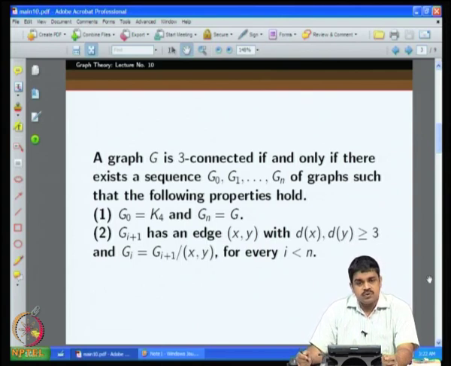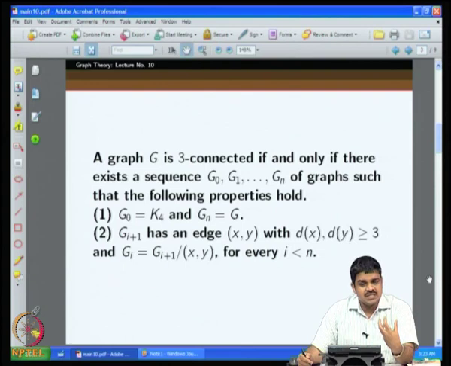Now what you do, you can always find that particular edge which is guaranteed to exist by our previous lemma, such that if we contract that edge, the 3 connectivity is not lost. The resulting graph is again 3 connected. So if I contract this particular edge, I will get a smaller graph, smaller by one vertex. And then I take the new graph, it's again 3 connected.